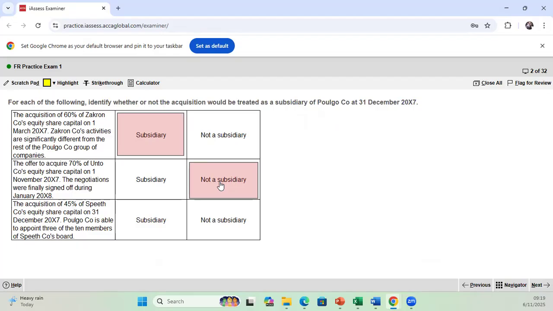The acquisition of 45% of S company's equity share capital on 31 December 20x7. P is able to appoint 3 of 10 members of the board. What can we say about this one?